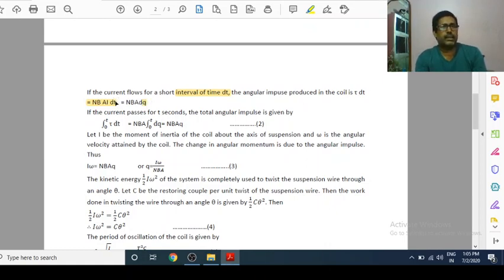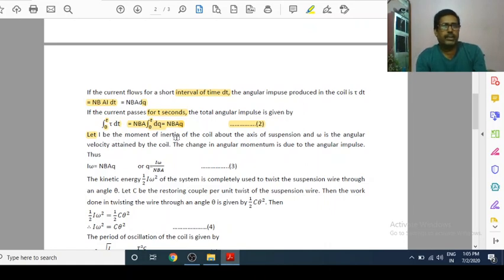Since current is passing for a small interval, it is taken as dt and here dq. If the current passes for t seconds, then the charge will be q. After that, we have to integrate it from 0 to t to get the charge here and the impulse. Total, it is the total angular impulse.